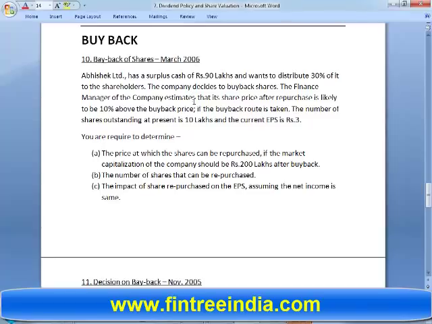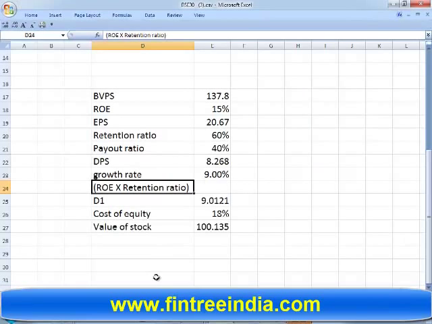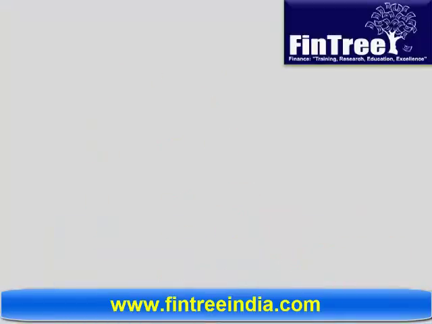Let's solve it together. The market price before buyback can be calculated as follows. ठीक है, so यहाँ पे अब लिखो some important data. Say X is the market capitalization before buyback.